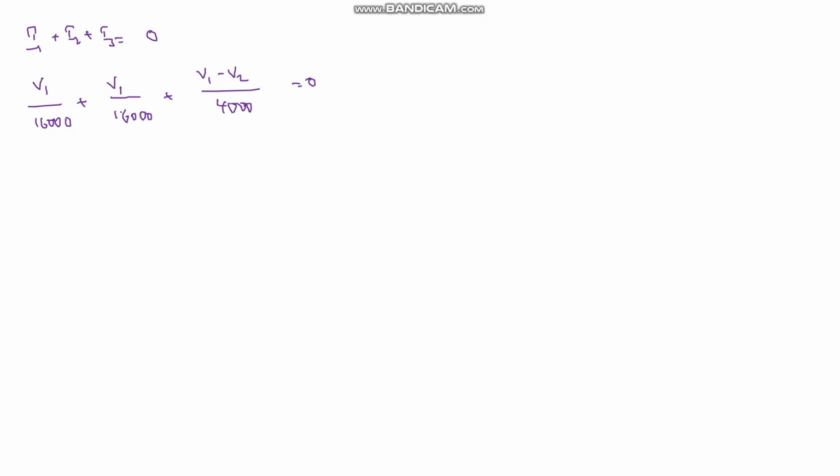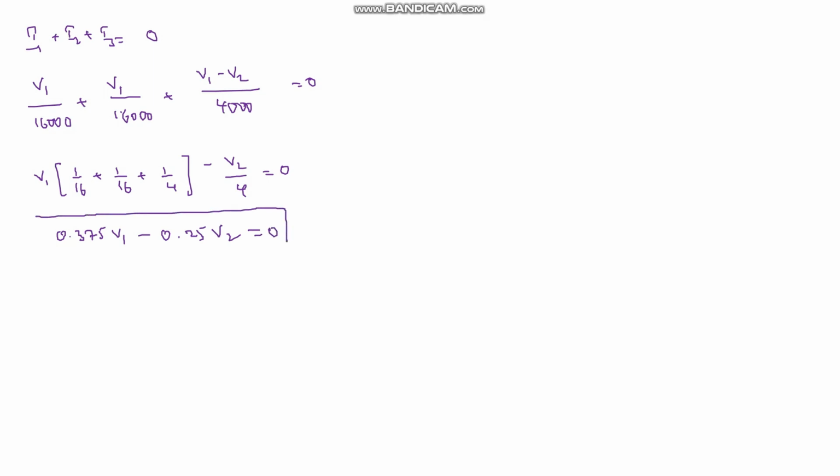Rearranging, V1 times (1 by 16 plus 1 by 16 plus 1 by 4) minus V2 by 4 is equal to 0. After solving, 16 inverse plus 4 inverse, this is equal to 0.375 V1 minus 0.25 V2 is equal to 0. This is equation number 5.